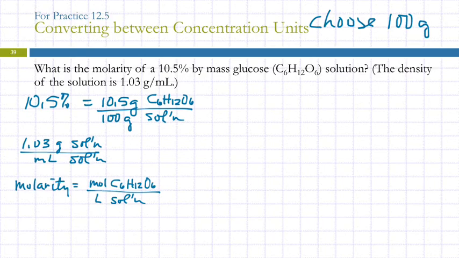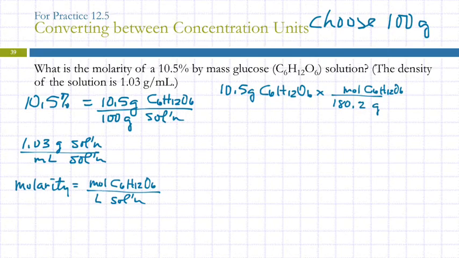So if I have 100 grams of the solution, then I know I have 10.5 grams of glucose. I need moles. The molar mass is 156.2. So we convert grams to moles using the molar mass.